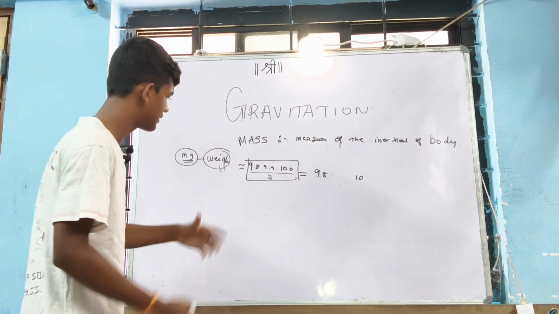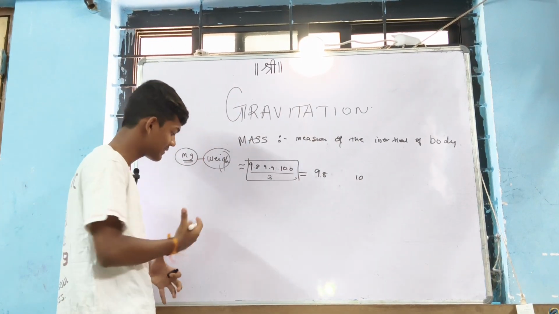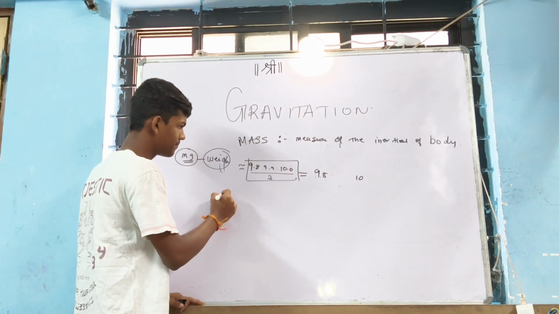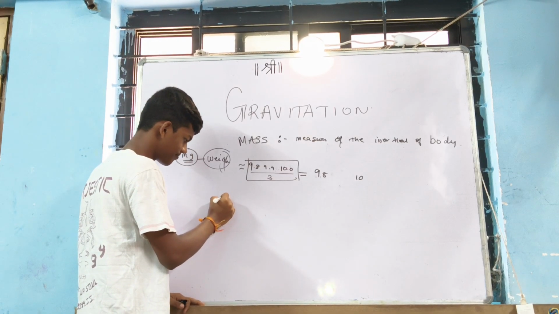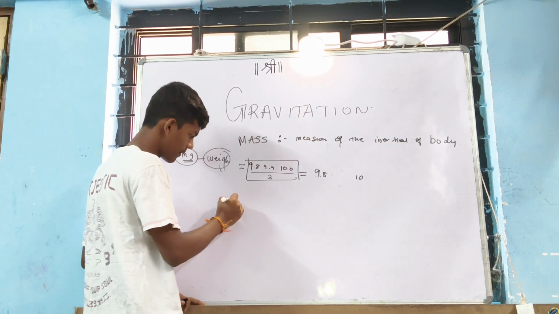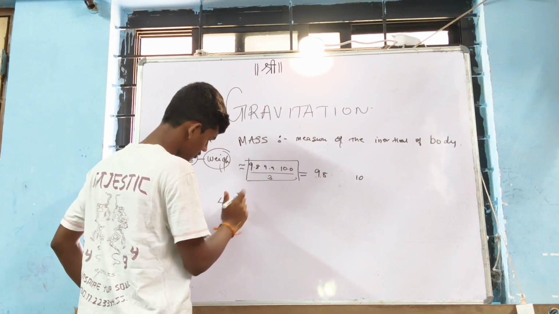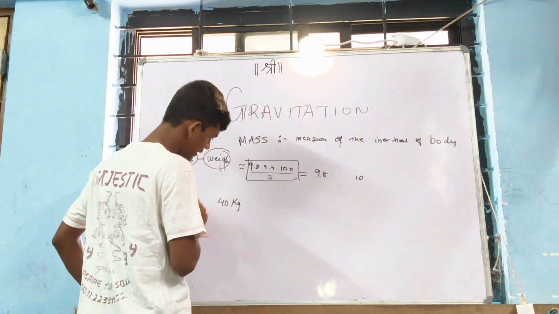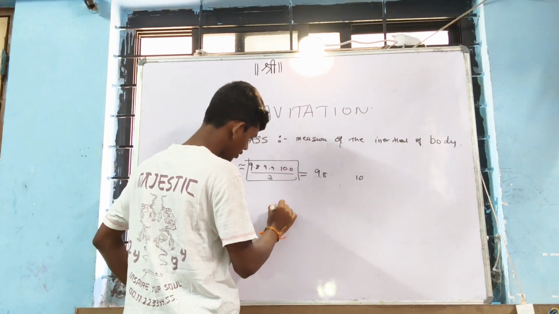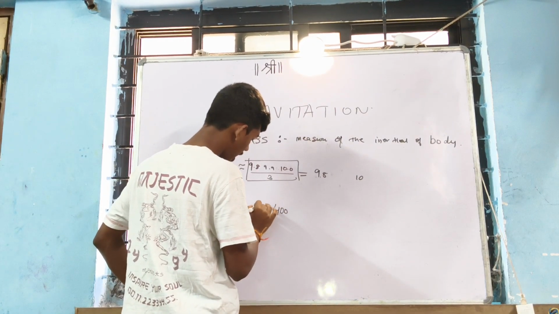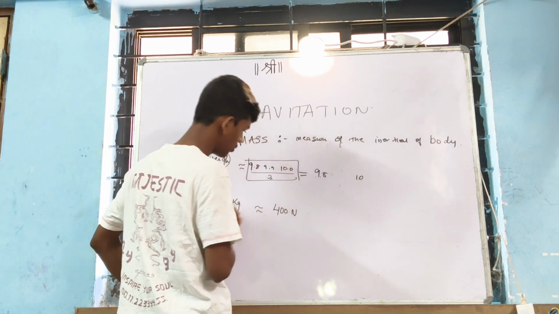So see, if my mass is 40 kg, then the weight will be approximately 400 Newton.